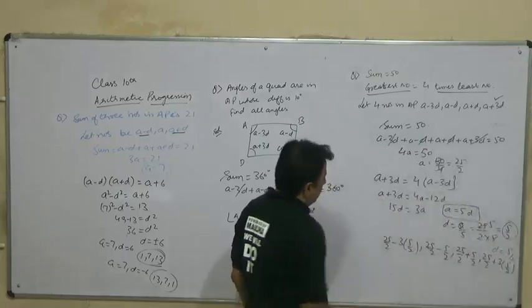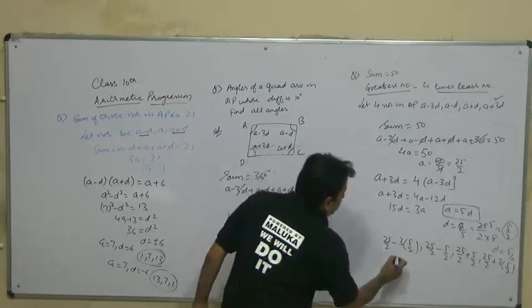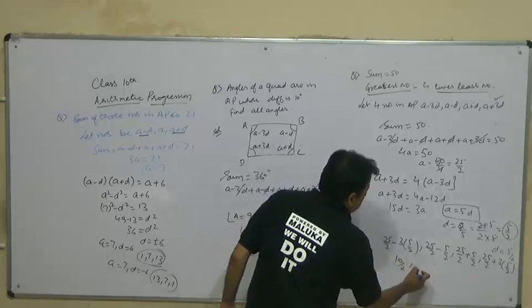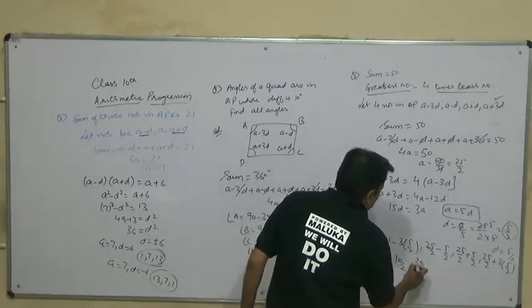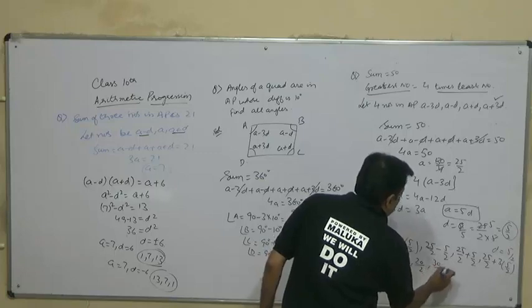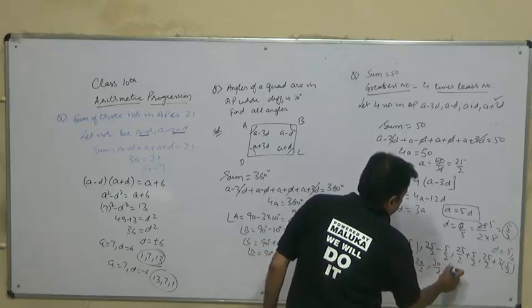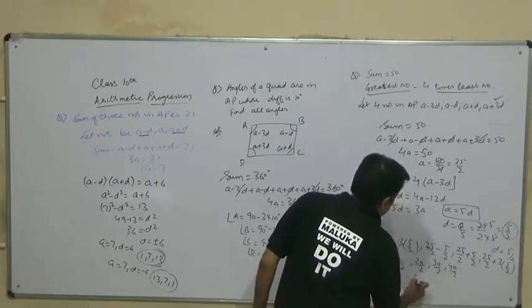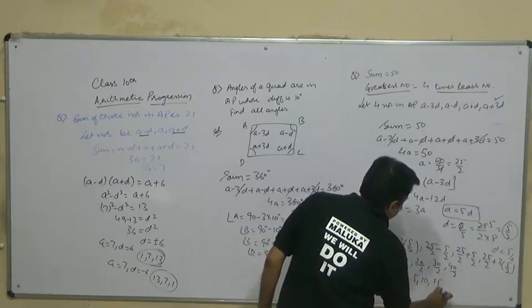So this will be 25 minus 15, 10 by 2, here 20 by 2, this will be 30 by 2 and this will be 40 by 2. Numbers will be 5, 10, 15, 20.